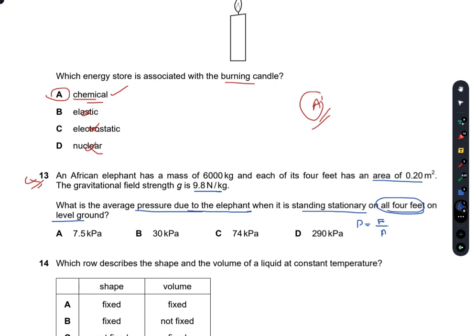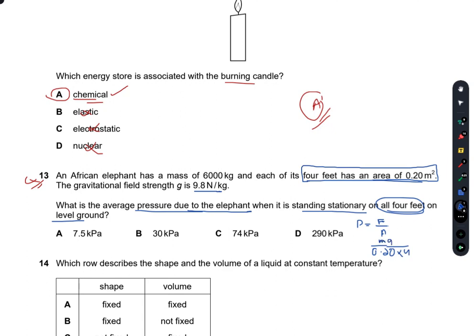Area is 0.20 here, but what's the trick here again, that each foot has an area of 0.20 meters squared. So 4 feet will simply have 0.20 into 4, and the force acting here is actually weight.